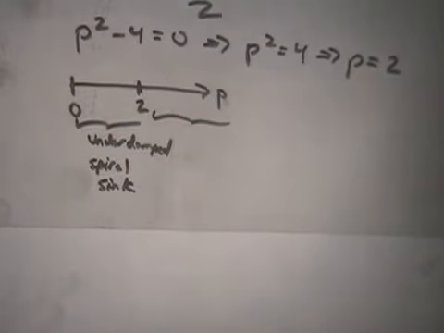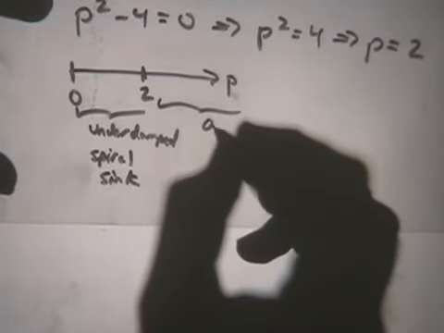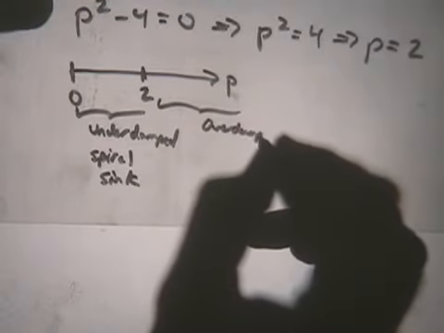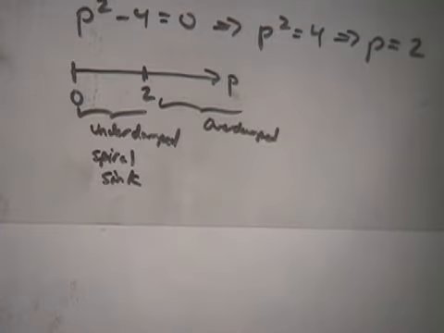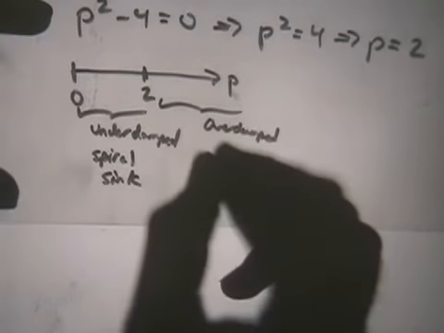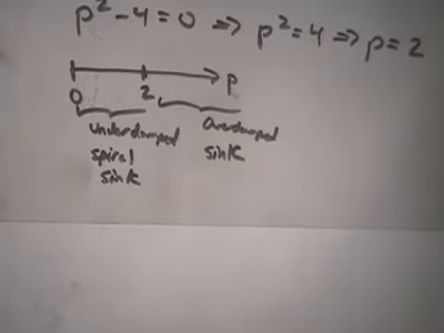The origin would be a spiral sink. That word says underdamped, this says spiral sink. And then when p is strictly greater than 2, then you've got the overdamped case. That would be a non-spiral sink, or real sink. I'll just label that sink, like the book does. That would be one way you could draw a sort of bifurcation diagram.